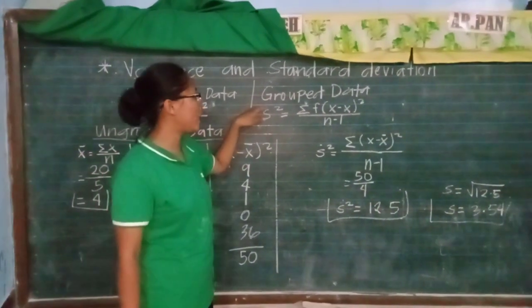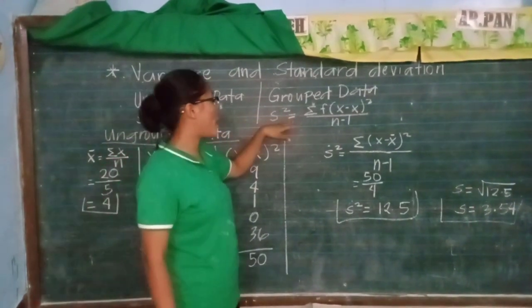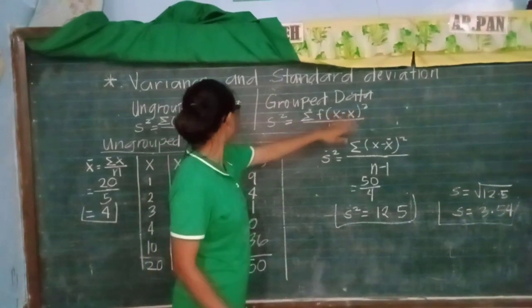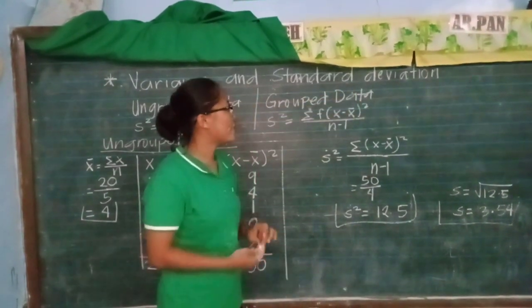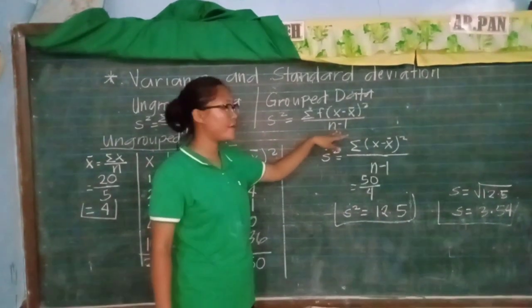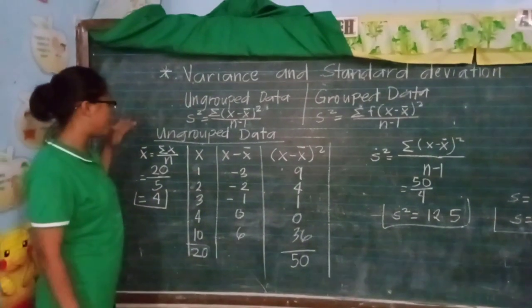And for grouped data, we have S squared is equal to summation of f, quantity of x minus mean raised to the power of 2 over n minus 1.